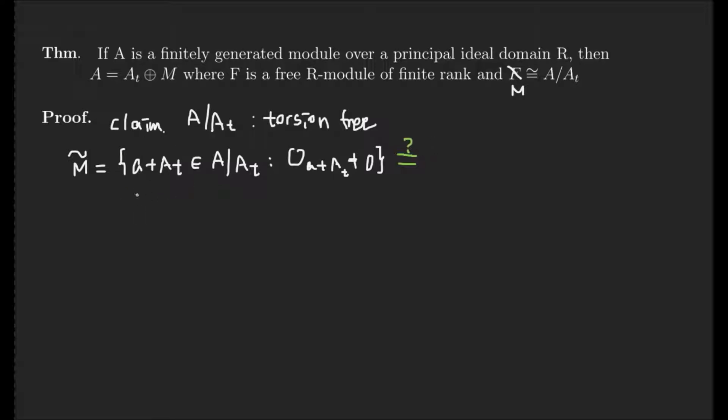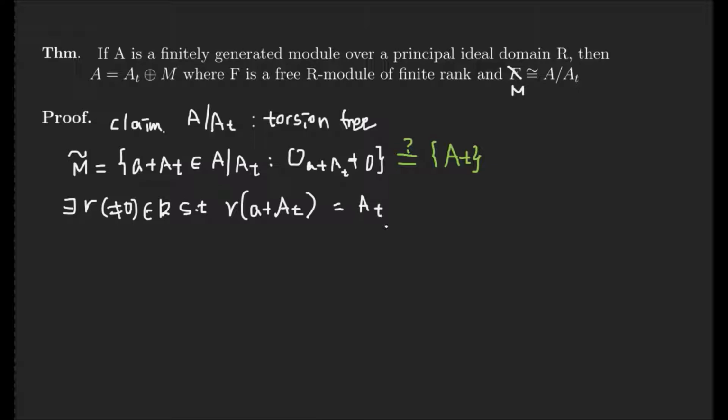But in this case, this is the quotient group, and the form is AT. So, when choosing a non-zero element r in R, such that r(a plus AT) is equal to, in this case, the zero of the quotient group AT.